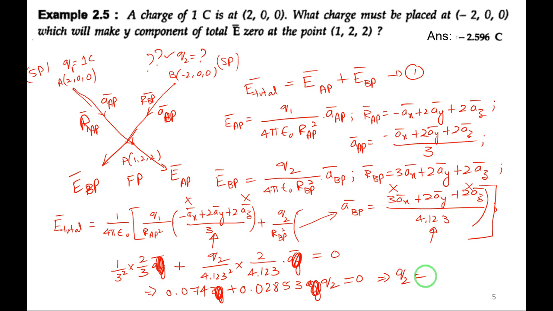So I am getting minus 2.593 coulombs. Just verify the answer. So the negative charge Q2 is equal to minus 2.593 coulombs, which should be placed at this point B of minus 2, 0, so that the Y component of the field will be 0 at point P. I hope you understood this problem.